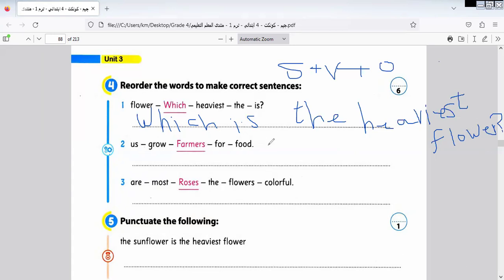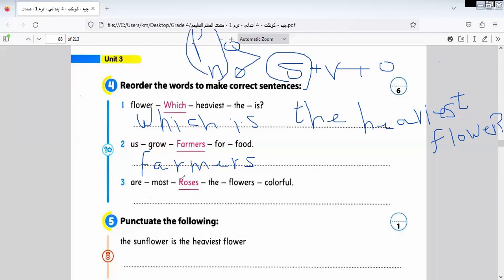Farmers grow food for us. So it would be farmers. Farmers is the subject. As we know before, if we don't underline the subject, we must know the subject. As we told you, the subject can be a noun or pronoun.